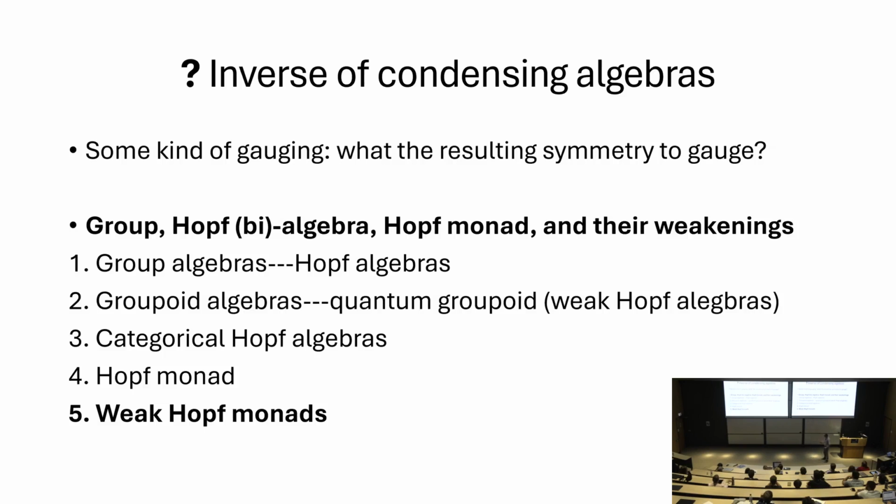And it turns out this is not enough for my purposes. I ask, what's the next generalization of Hopf algebras? Remember, a group has a categorical generalization called groupoid. So what is a groupoid? A groupoid is just a category where every morphism is invertible. And what is a group? A group is just a groupoid with a single object.